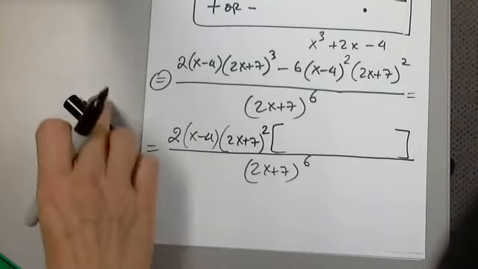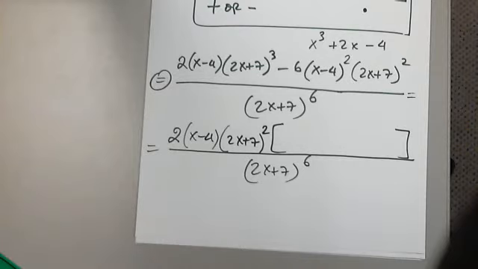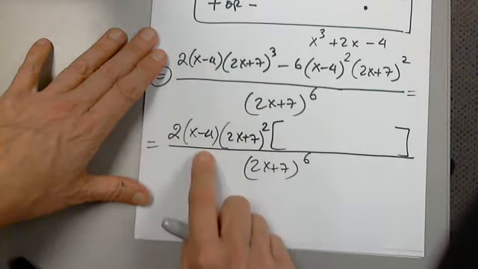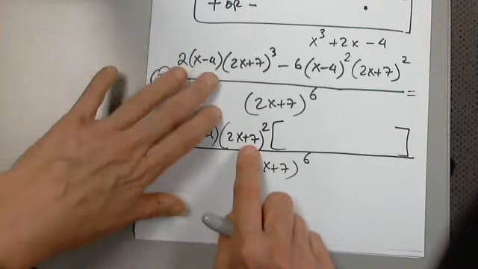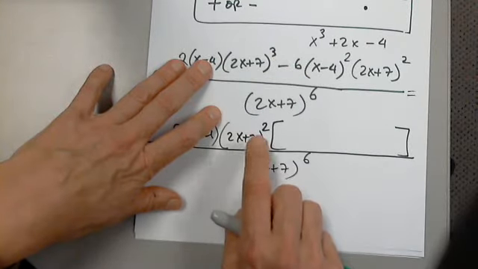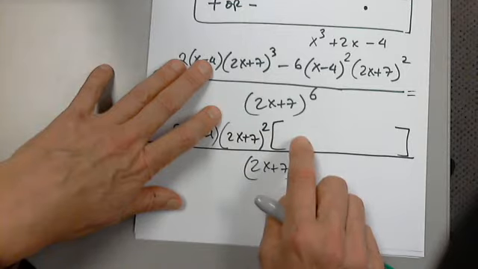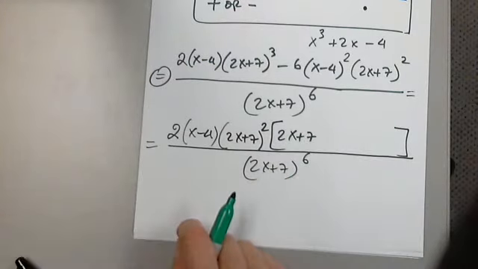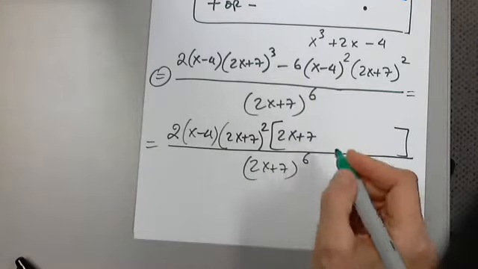So now let's analyze in the next step and see what is left inside from each term. 2 is outside. Everything in x minus 4 is outside. Here, from these 3, I moved out in front 2 of those. So how many more are left? So I have to copy a 2x plus 7. Agreed? I reached the negative sign right now.